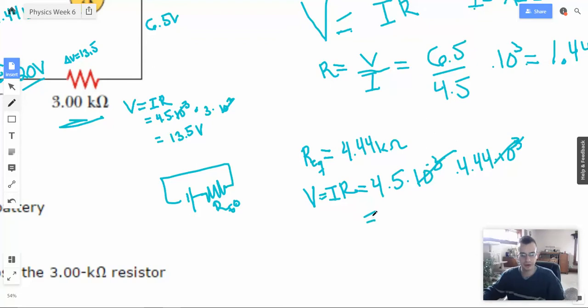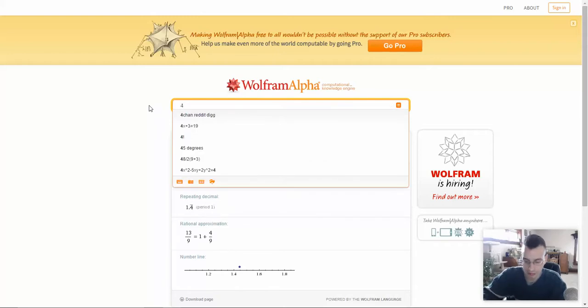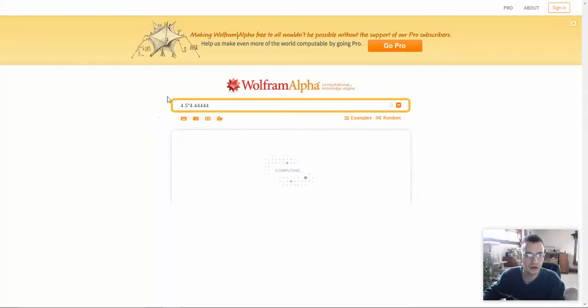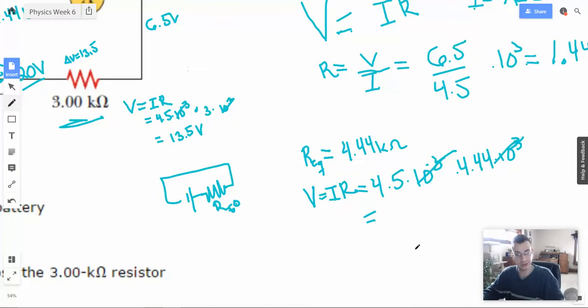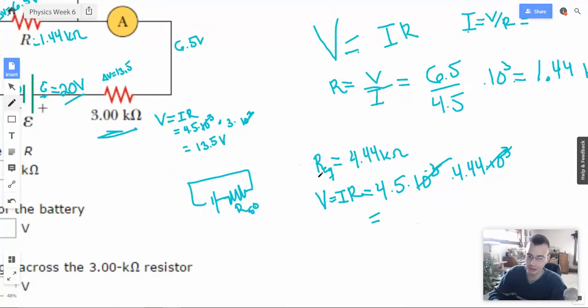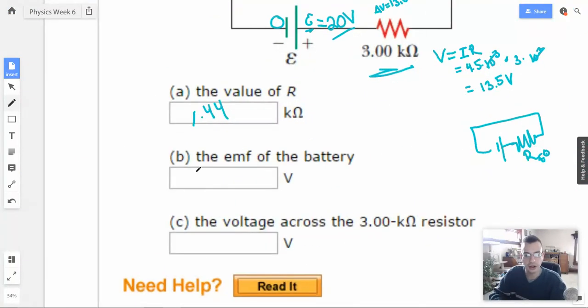And let's do 4.5 times 4.444. And we get 19 point something, I'm going to round that up to 20, which is good because if it showed up as a different number, I would have looked really dumb. 20 volts, which is the same answer we got over here. So the electromotive force for the battery is 20 volts.